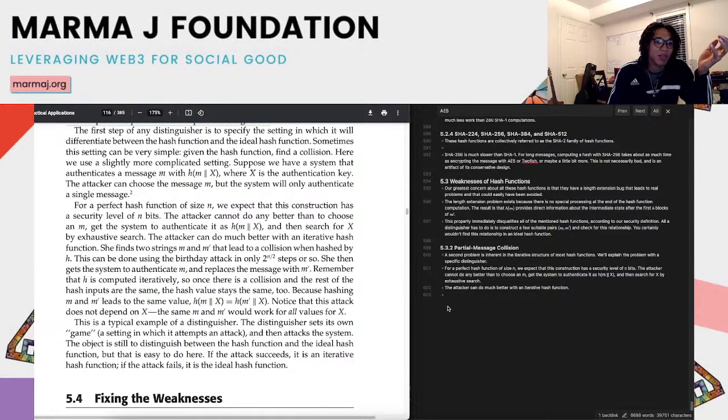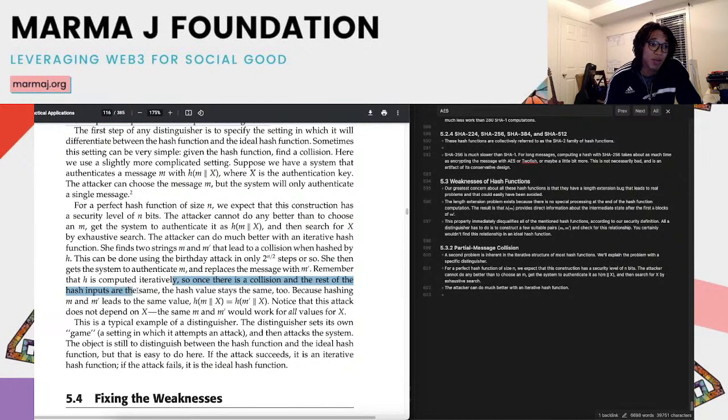I mean, I guess this is what they're trying to say. So they're saying because H is computed iteratively, once there is a collision and the rest of the hash inputs are the same, the hash value stays the same too.